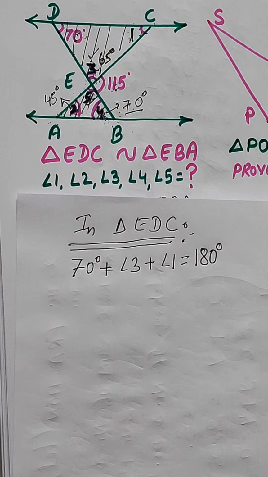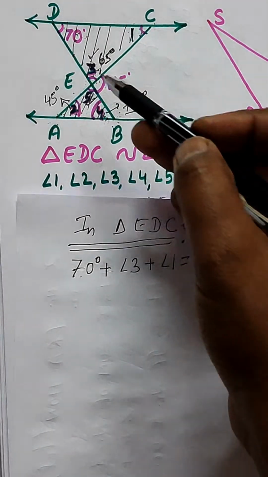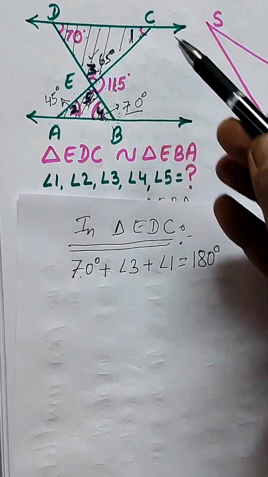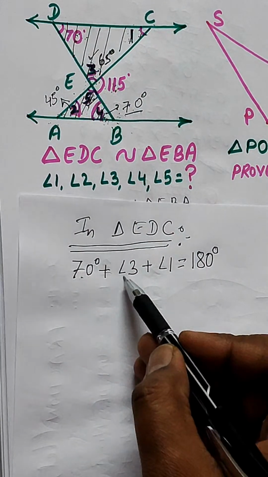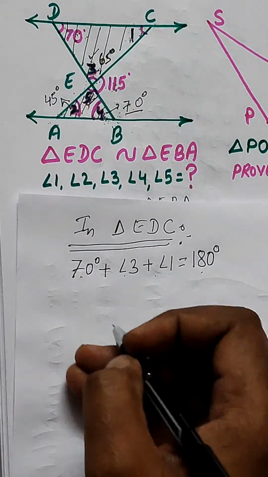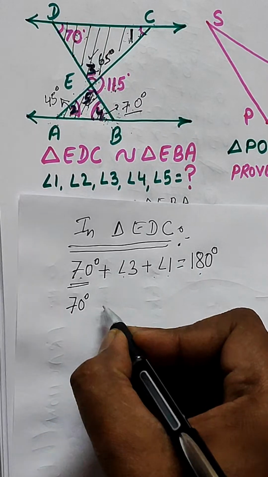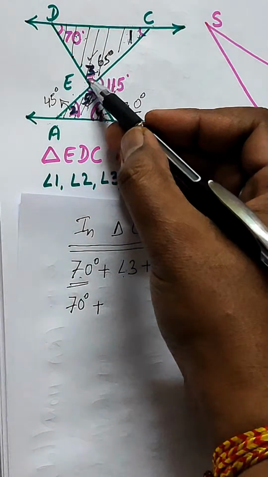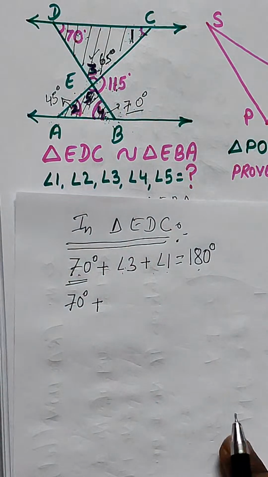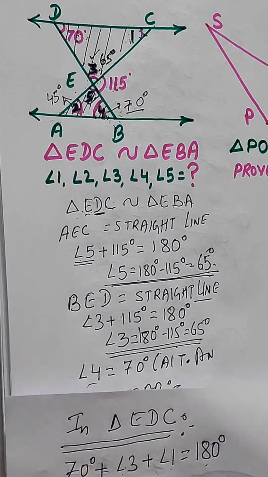You have calculated ACB, but that was not required. Here in triangle EDC, just in the shaded triangle, you can see 70 degree plus angle 3 plus angle 1 will be equal to 180, right? So 70 degree plus angle 3, the value of angle 3 we have calculated as 65. You can see here, right?